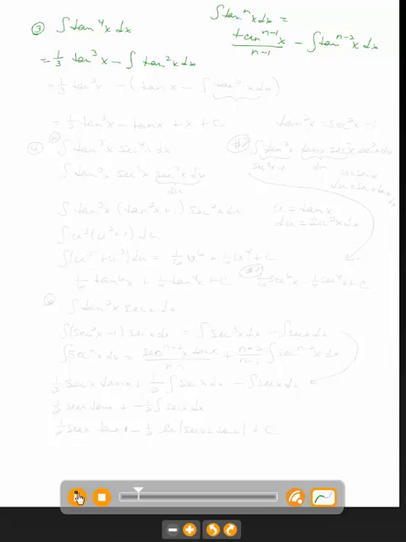Oh, but now we have to use the rule again, so we have the 1/3 tangent to the third of x minus, in parentheses, the rule says drop it by 1, so tangent of x to the first power over 1, minus the integral of tangent to the 0 of x dx, which is the same as 1. So I end up with 1/3 tangent cubed of x minus tangent of x, and then I have minus a minus. The integral of 1 is just x, so plus x plus c.